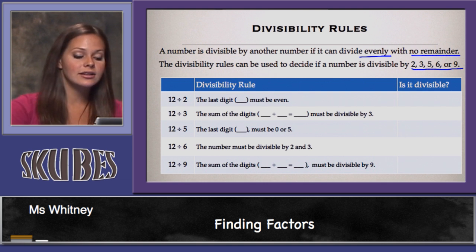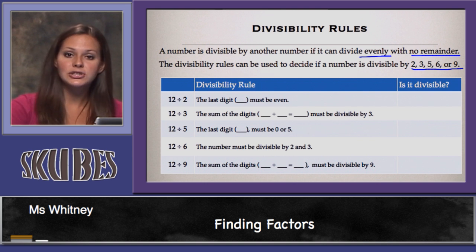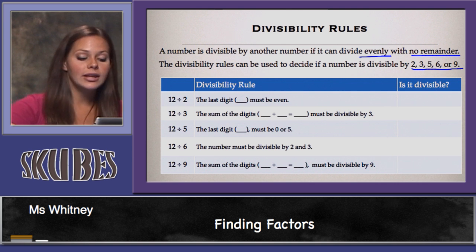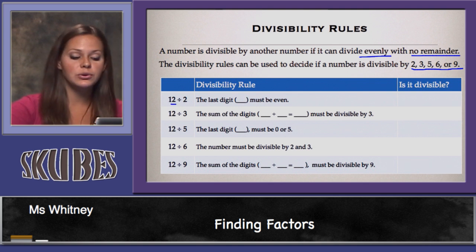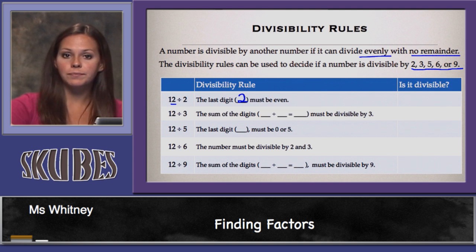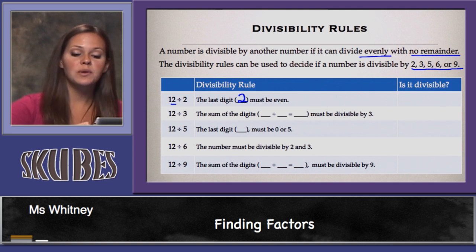Let's use the number 12 as an example. Let's see if 12 is divisible by 2. The rule is the last digit must be even. So the last digit of our number 12 is 2. Is 2 an even number? Yes, it is. So 12 is divisible by 2.